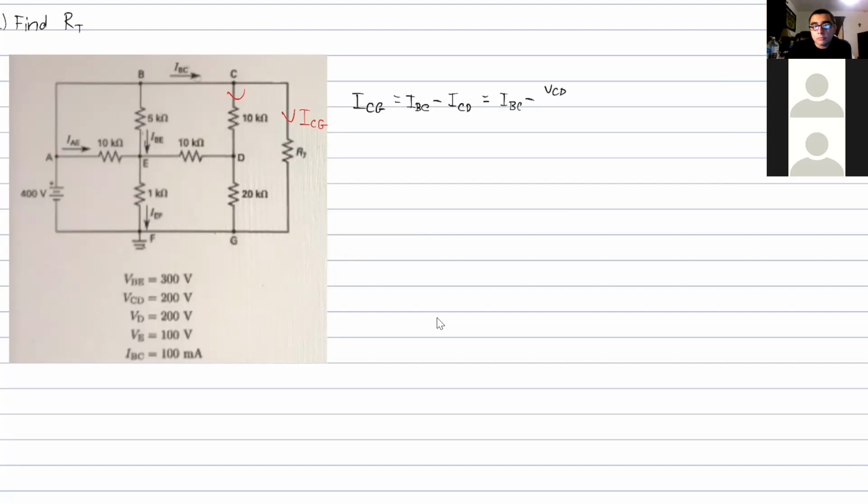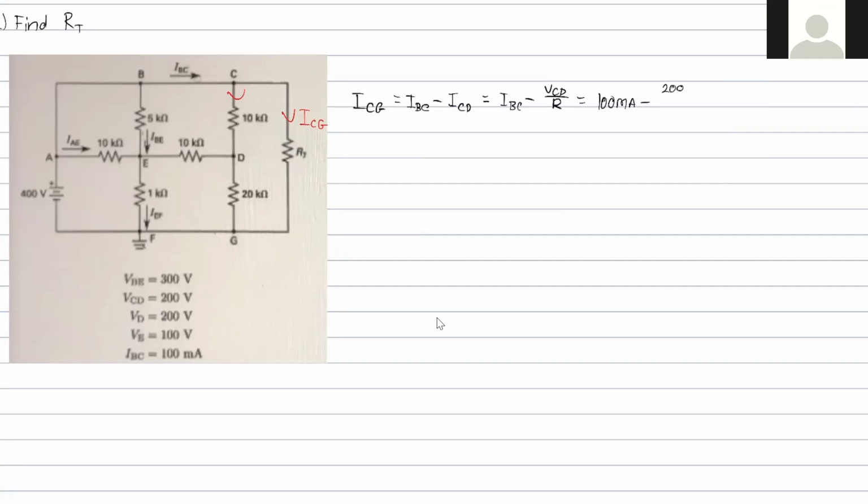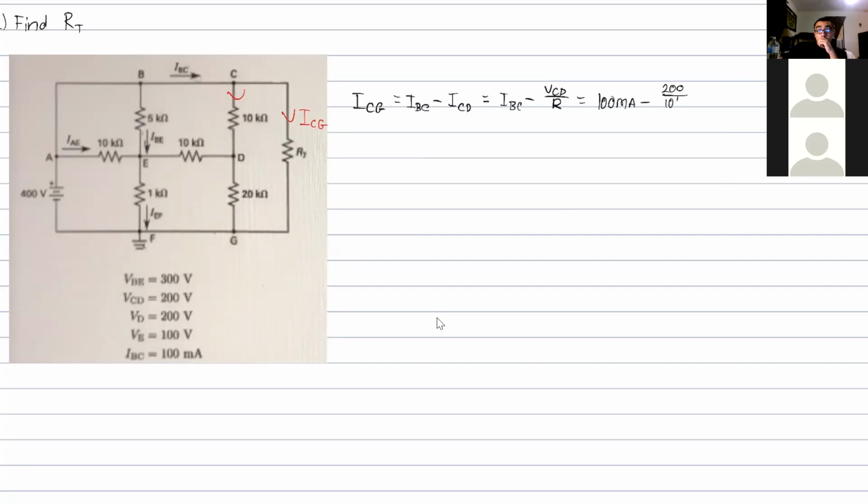So VCD over R. So this is going to be 100 milliamps minus 200 volts, which is given, divided by 10 kilo ohms. So that should come out to 80 milliamps.